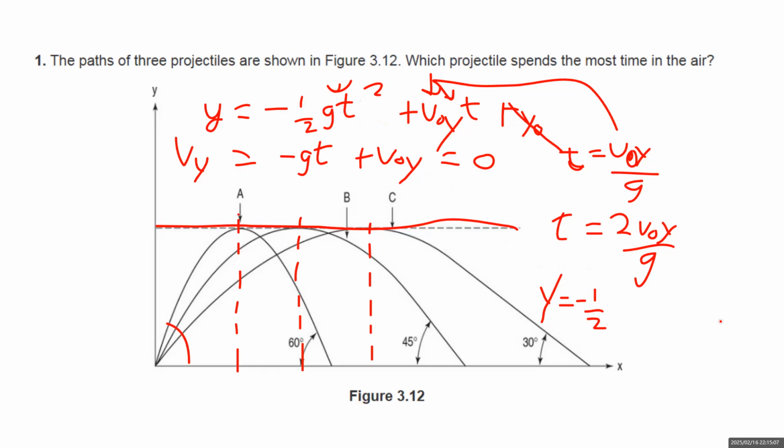The g's cancel out here. We're left with v naught y squared over g.